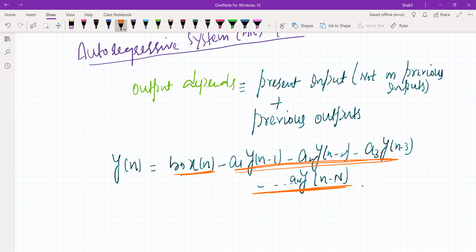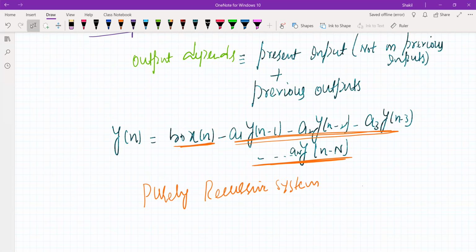This is referred to as the auto-regressive system. And remember, this is a purely recursive system. It does not depend upon the previous inputs, but depends upon the present input and the past outputs.